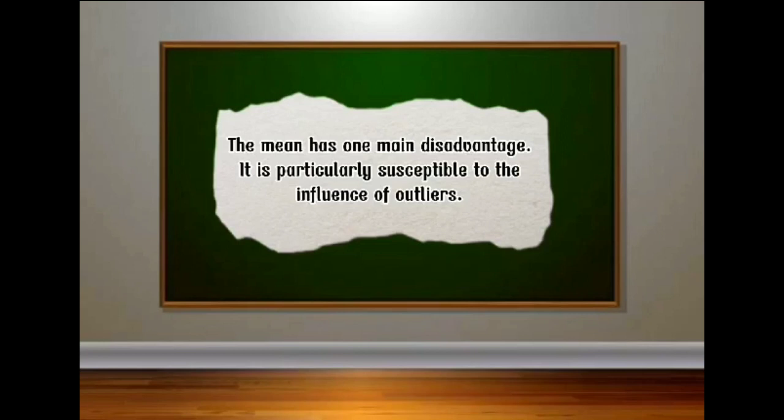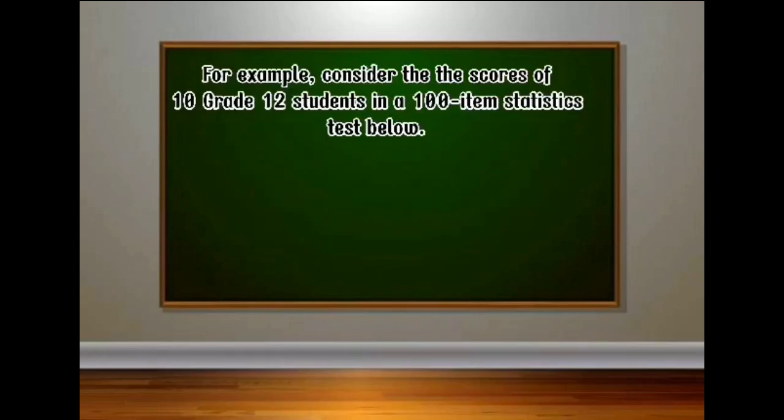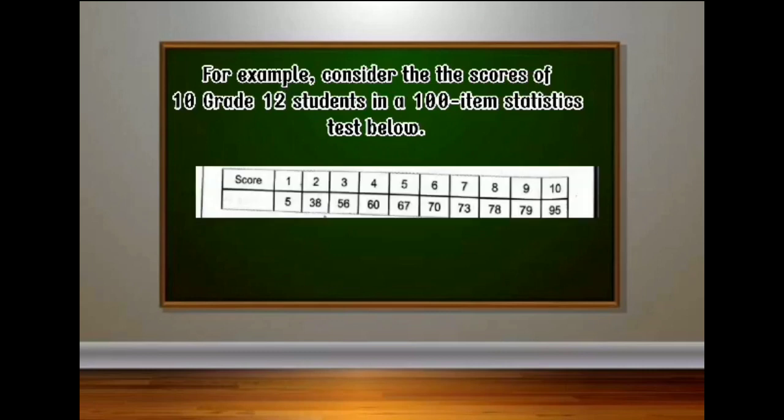For example, consider the scores of 10 grade 12 students in a 100-item statistics test below. The score of student 1 is 5, student 2 is 38, student 3 is 56, student 4 is 65, student 5 is 67, and so on and so forth.